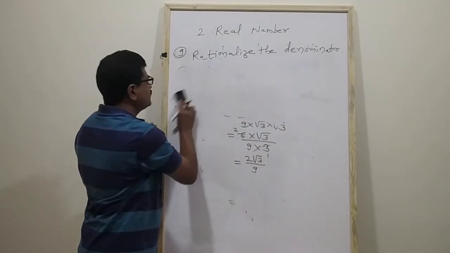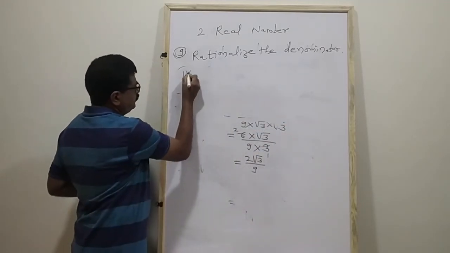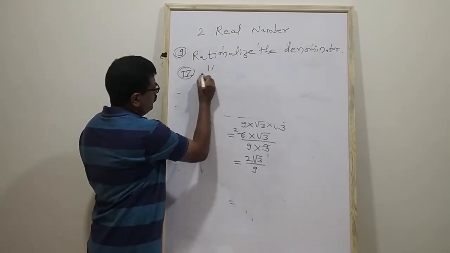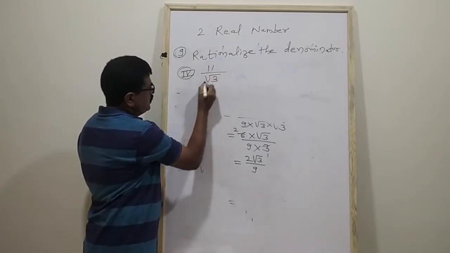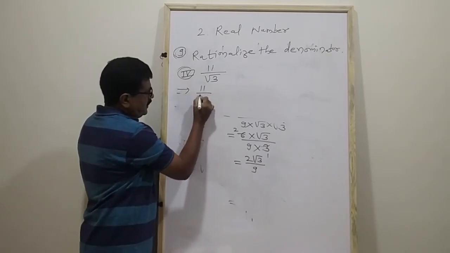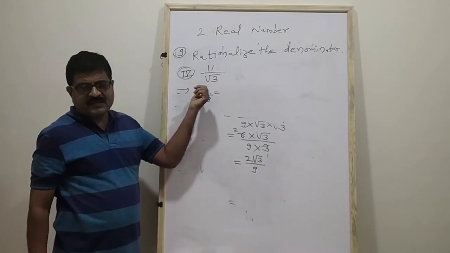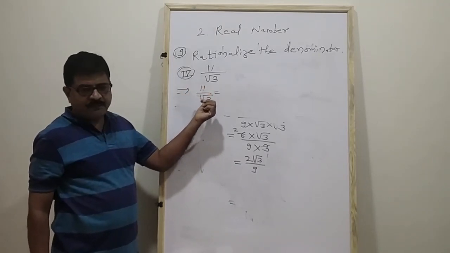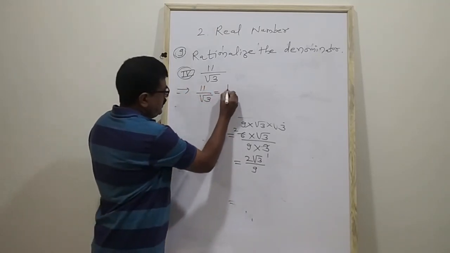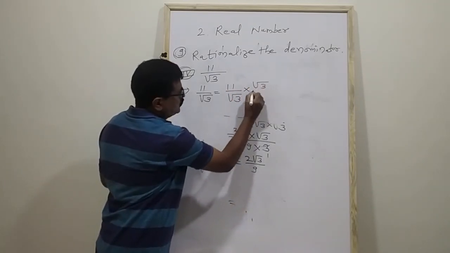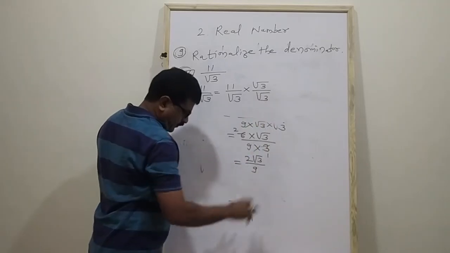And last, number 4, 11 upon square root 3. 11 upon square root 3 is equal to. Now what is the rationalizing factor of square root 3? Square root 3. 11 upon square root 3 into square root 3 upon square root 3.